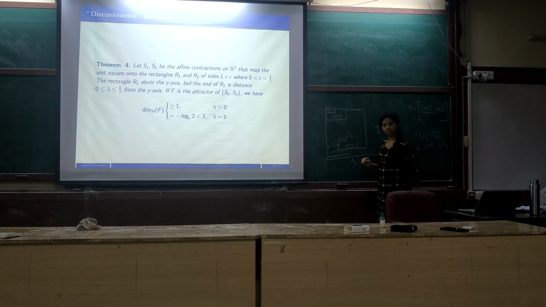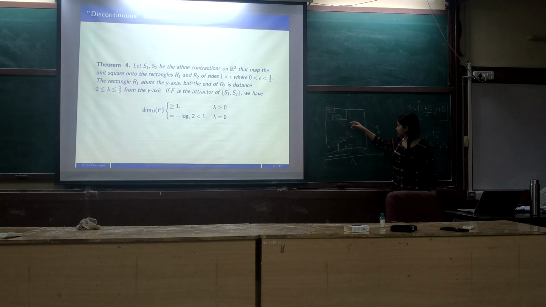So in the second iteration, you only had these two rectangles, right? So the projection of this rectangle is still here, and the projection of this rectangle is still here. So half plus lambda. Yes, half plus lambda.